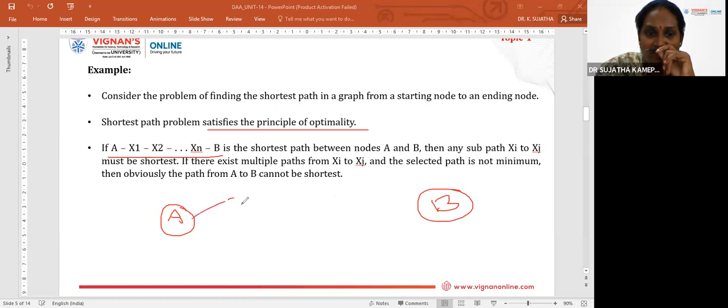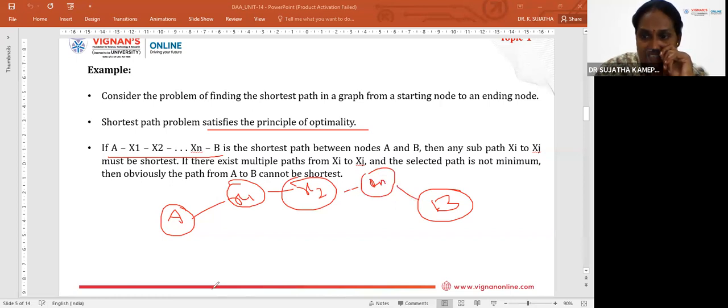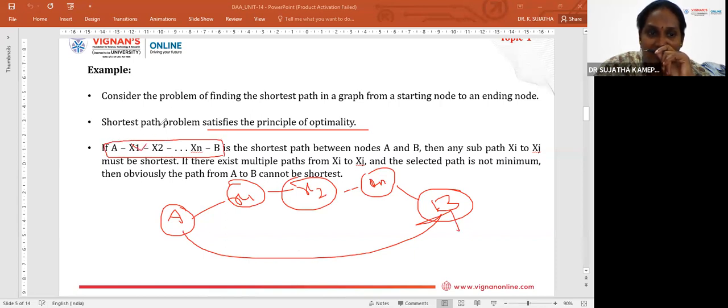For finding the shortest path between two nodes, we need to travel via other nodes such as x1, x2, and so on up to xn. So the path A to B that we consider is an optimal path only if the subpath xi to xj is also optimal, also the shortest.